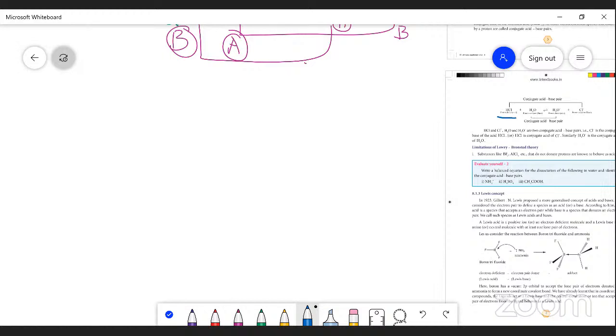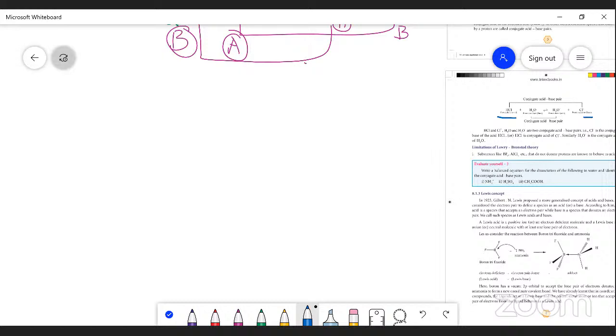It releases the H plus ion and becomes Cl minus. After releasing the H plus ion, it behaves as a base. So the conjugate of that acid is a base. These two are called a conjugate acid-base pair.